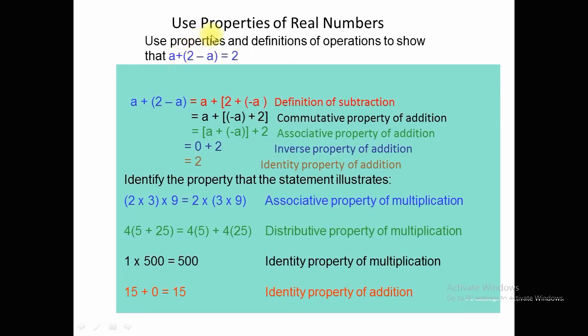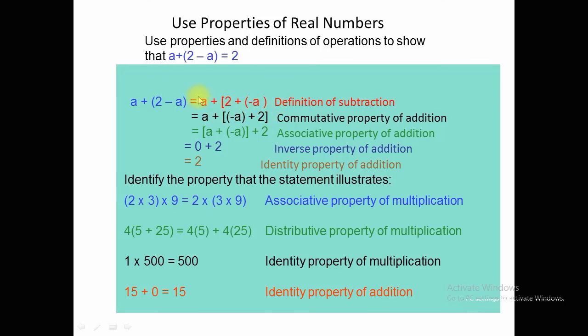Now use properties of real numbers. Use properties and definitions of operations to show that a plus the quantity 2 minus a is equal to 2, where a is any real number. So a plus the quantity 2 minus a can be written as a plus 2 plus minus a. This is the definition of subtraction.